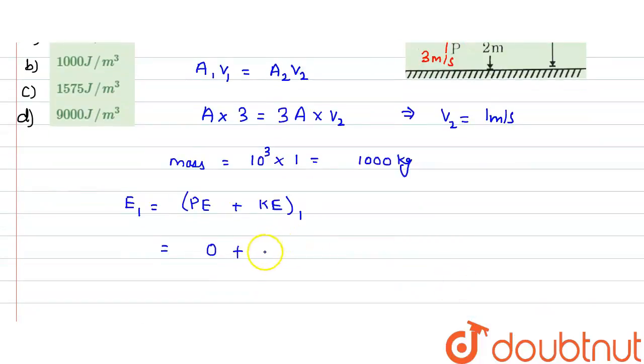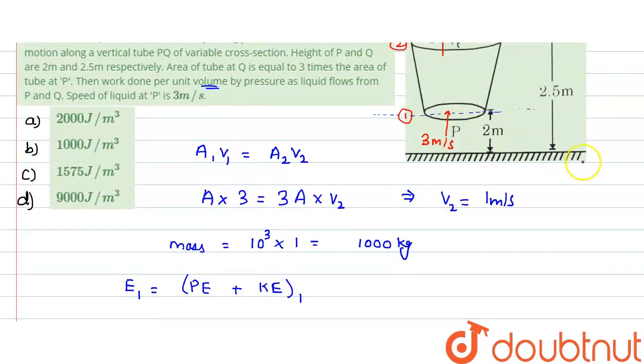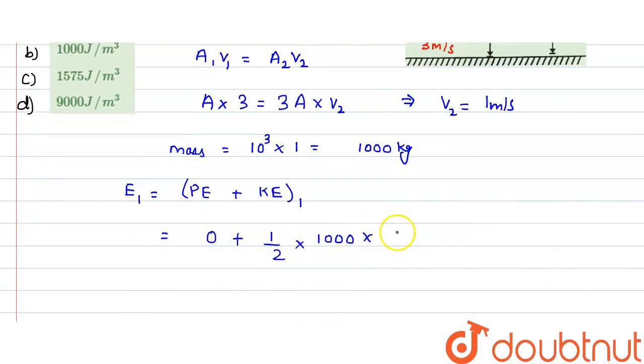What is the kinetic energy? It is half into m, the mass 1000, into v square. The velocity is 3, so 3 square is 9. So E1 would turn out to be 4500 joule.